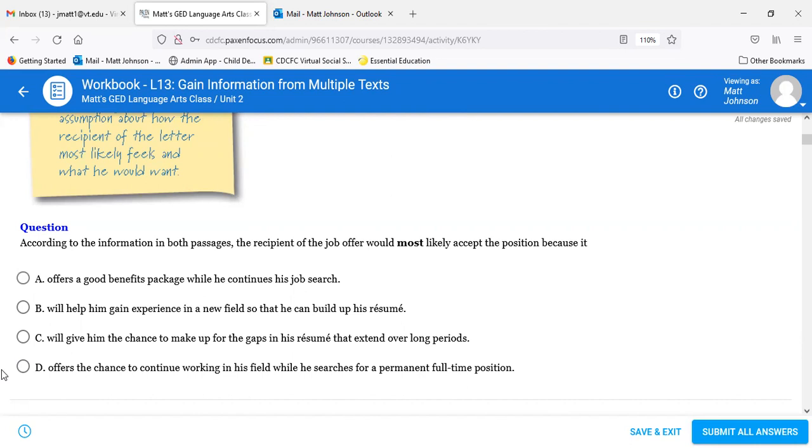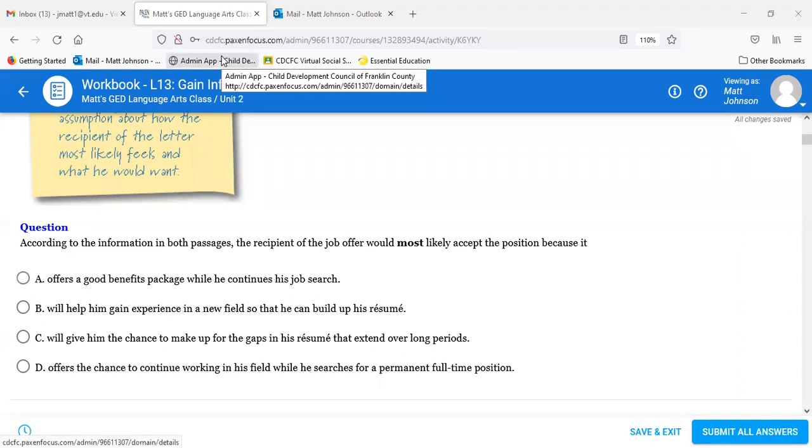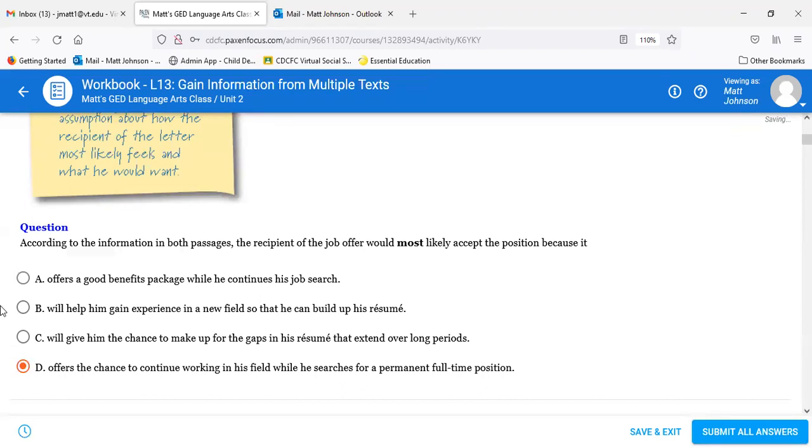C, will give him the chance to make up for the gaps in his resume that extended over a long period. D, offers the chance to continue working in his field while he searches for a permanent full-time position. D. Right, D. Offers a chance to continue working in his field while searching for a permanent position.